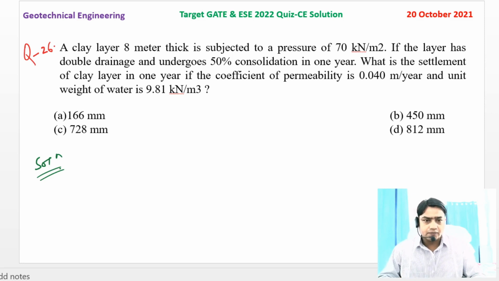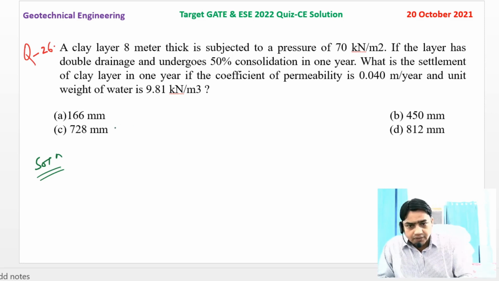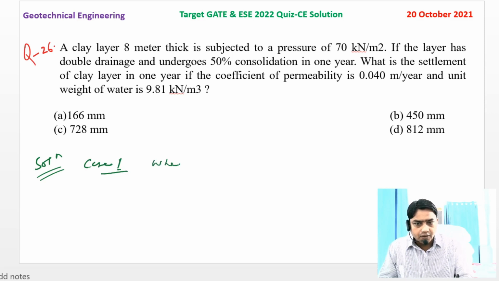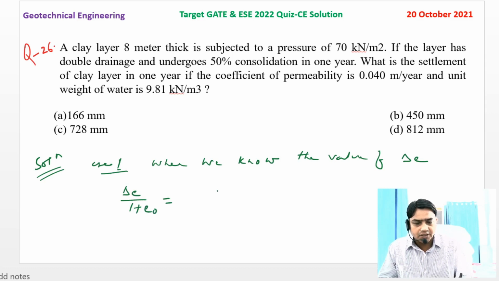Case 1: when we know the value of delta E, we can compute delta E divided by 1 plus E naught, which is equal to delta H divided by H, where H is the thickness of the clay layer.